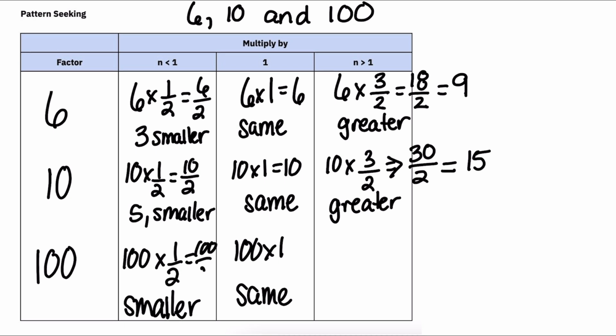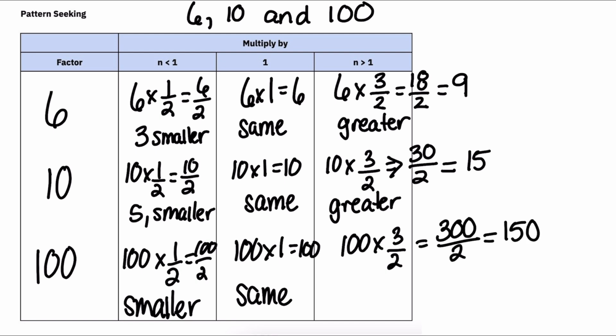Okay, so we had 100 over 2, and here I got 100. And if I did 100 times 3/2, so 300 divided by 2, this is the one I actually want to work out, I get 150. So it got greater. We're going to use this for our conventions to see if this is always true. And if you're not sure, we're going to confirm it by actually doing the multiplication.